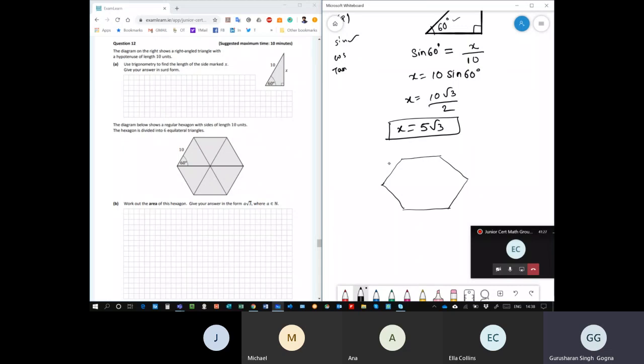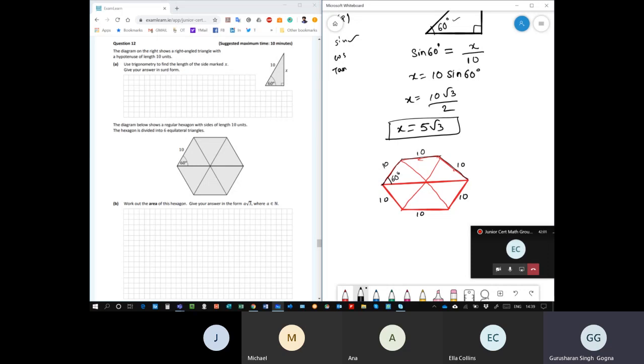Okay, so that's 10. I can connect as well. Each side is 10, and they also gave you this angle which is 60 degrees.